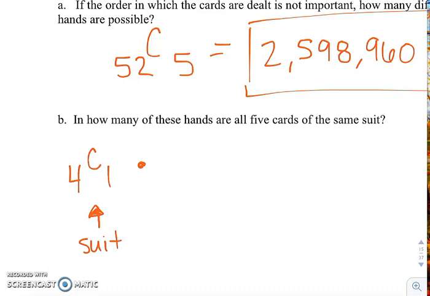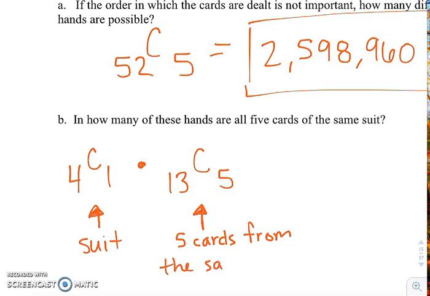And so we're going to multiply. Of that one suit, there's 13 cards in each suit. We want 5 of them. So say we did hearts. We want 5 of the 13 hearts. And then you guys can just type that right into your calculator.